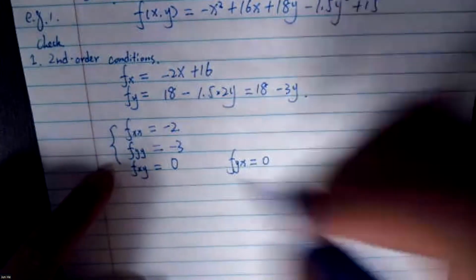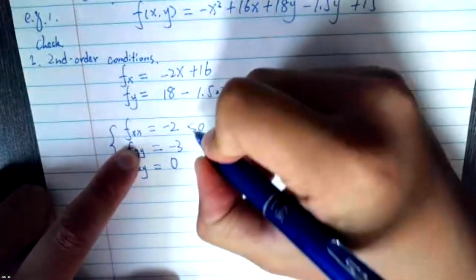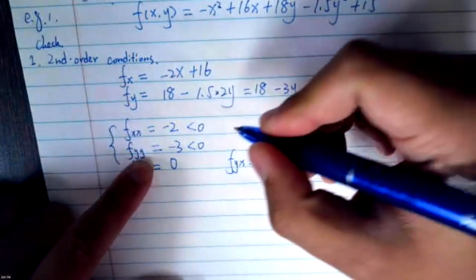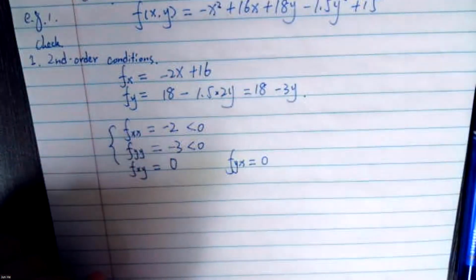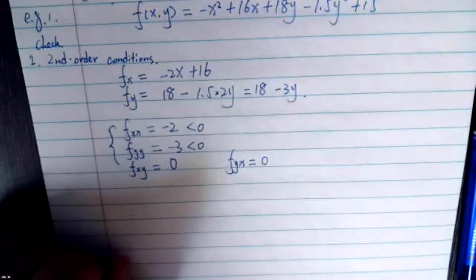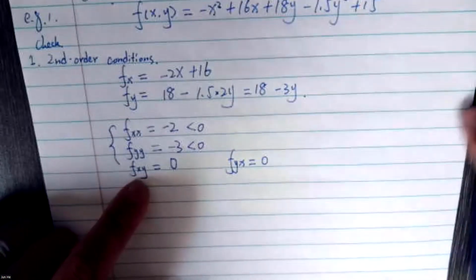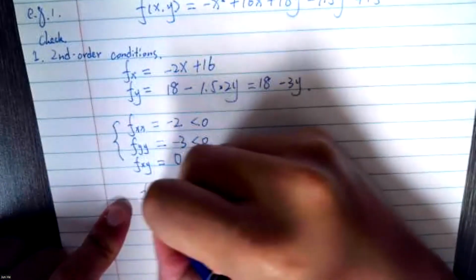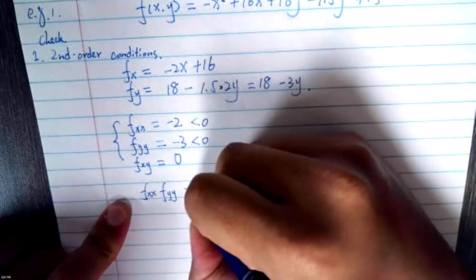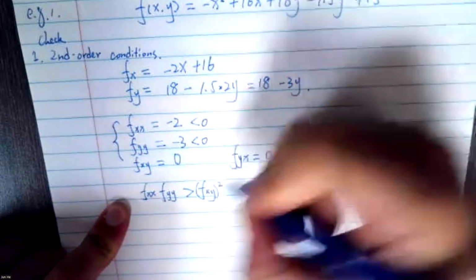Okay, so here f_xx is smaller than 0, f_yy is smaller than 0. Those direct derivative conditions are met for the second order condition, right? So you suspect now we are doing a relative maximum, but still don't forget to check the cross terms. The cross term condition is f_xx times f_yy should be greater than f_xy squared.